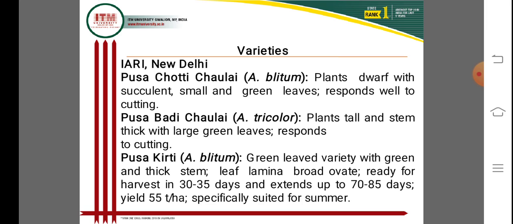So it is very important for high yield and long-duration harvesting in the cultivation of Amaranthus.